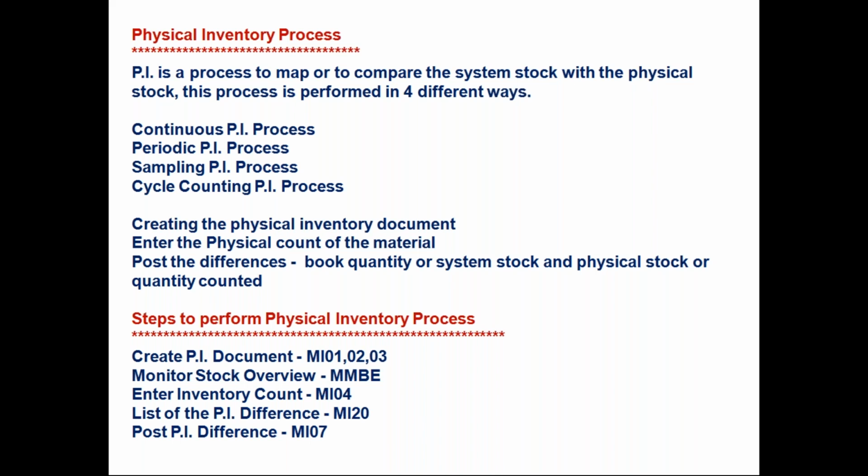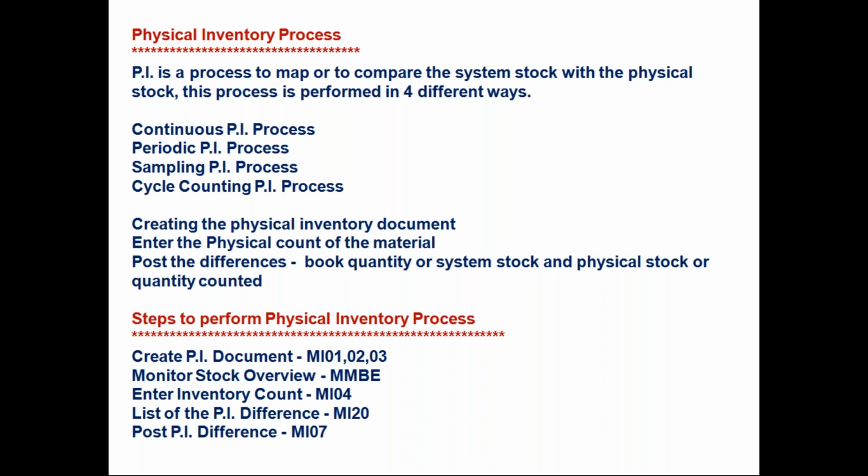So here comes the doubt. Then suddenly, if any department wants the material from stores, from the maintenance department or production department, then what do we need to do? That's the reason what these people will do in the industry: before performing this physical inventory process, they will send a mail to all the departments stating that we are going to perform the physical inventory process on so and so date.